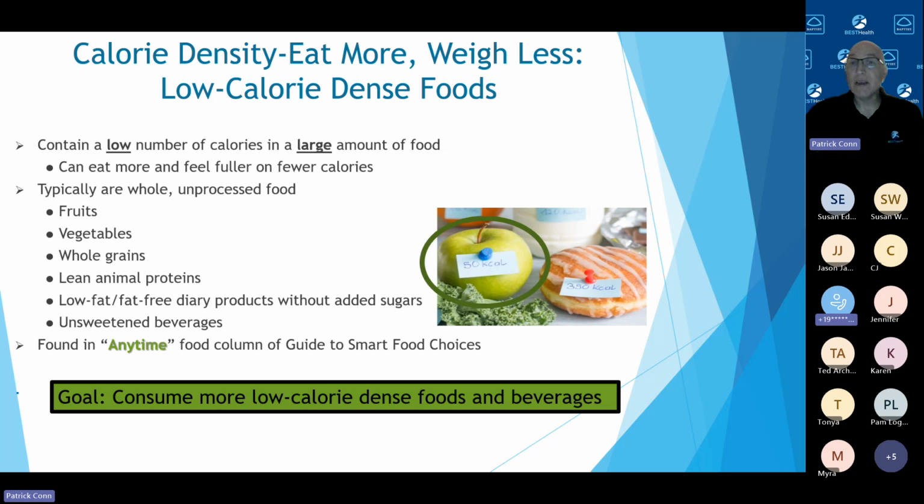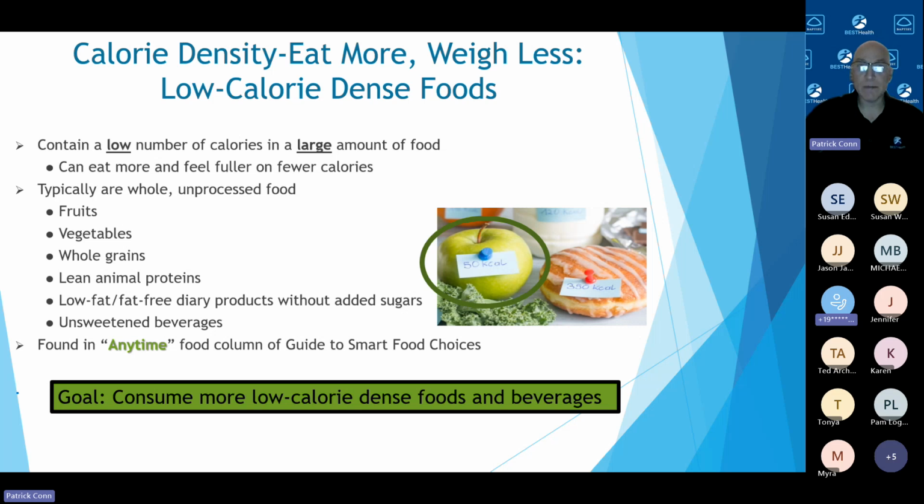Examples here are typically your whole, unprocessed foods: whole fruits, vegetables, whole grains, lean animal proteins, low fat or fat free dairy products without added sugars, and unsweetened beverages.